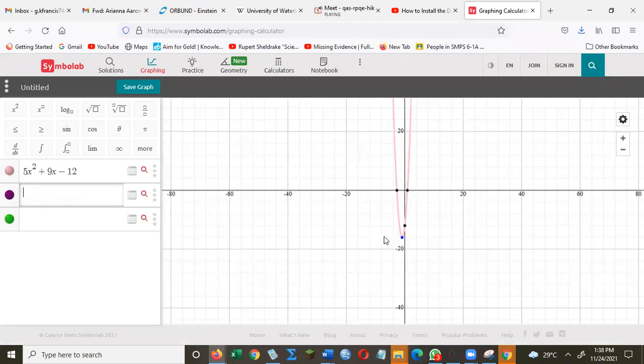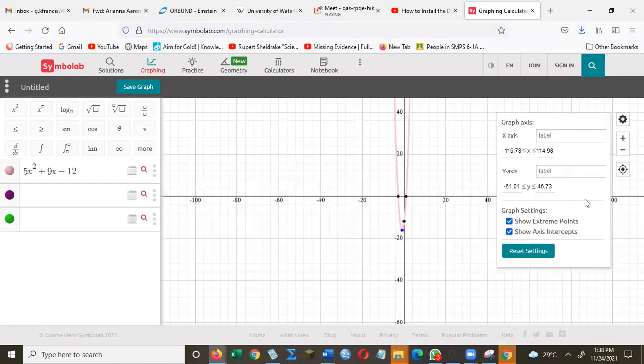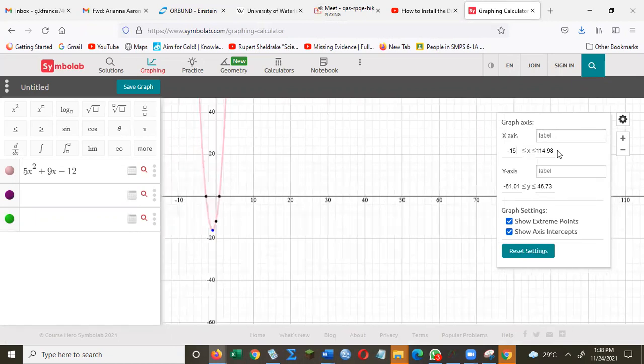So you see -12, the y-intercept. That's -20, so let me put -15 to 10 on the x-axis.